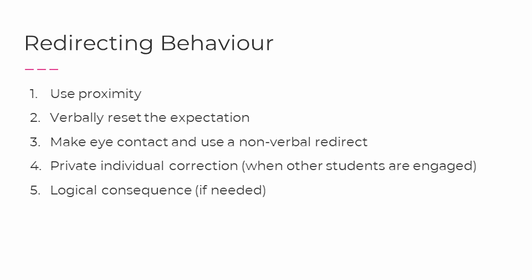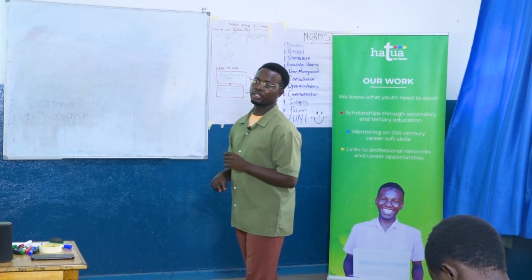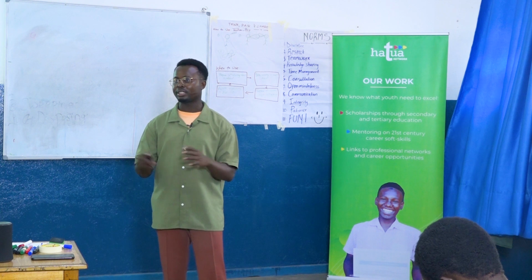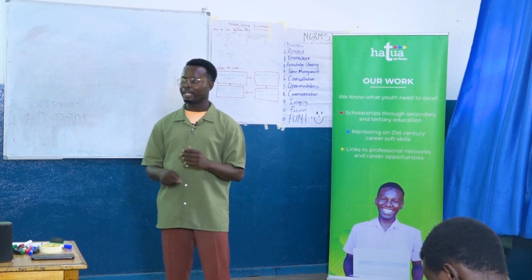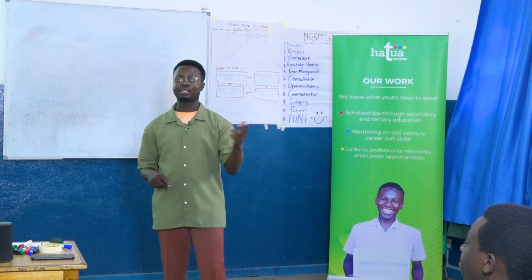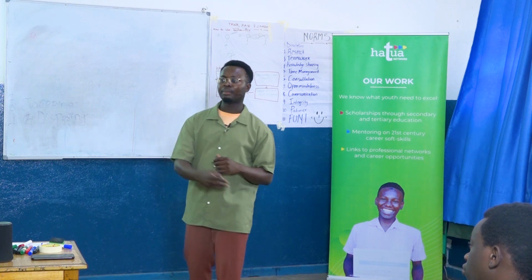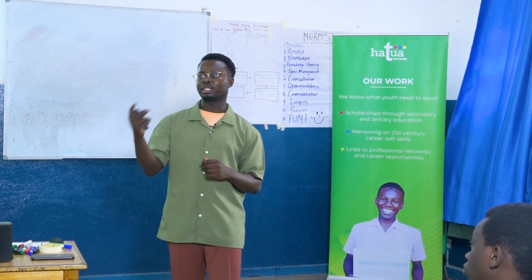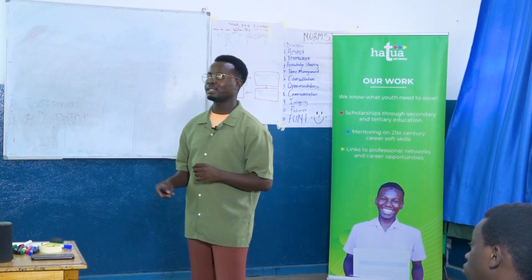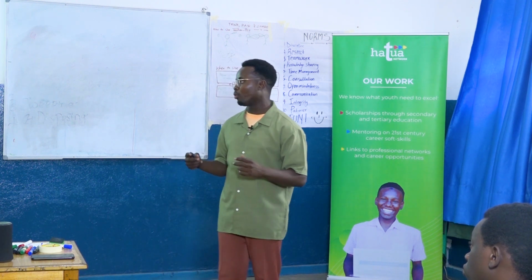And then the second one? Verbally reset the expectation. We have said that here in the class, the first thing we do is set the clear expectations, and these are the norms. So when someone disrespects someone in the class, for example, a student can call someone a name, or just be cheeky and say something, you can always go back to the norms.